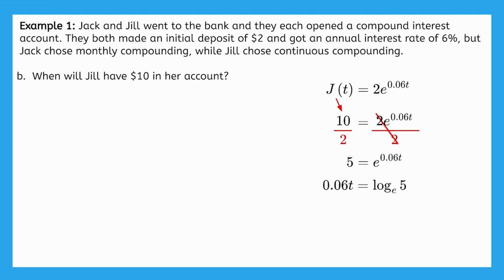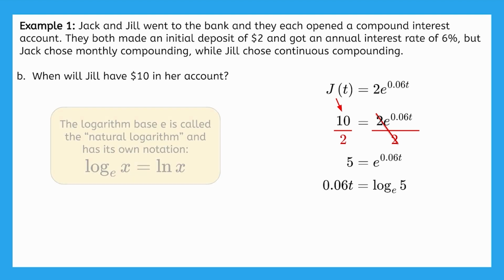But wait! Since e is such a special, naturally occurring number, log base e has its own special name and notation. The logarithm base e is called the natural logarithm, which we shorthand as ln, and it has its own button in all scientific and graphing calculators. So instead of log base e of x, we always write ln of x.